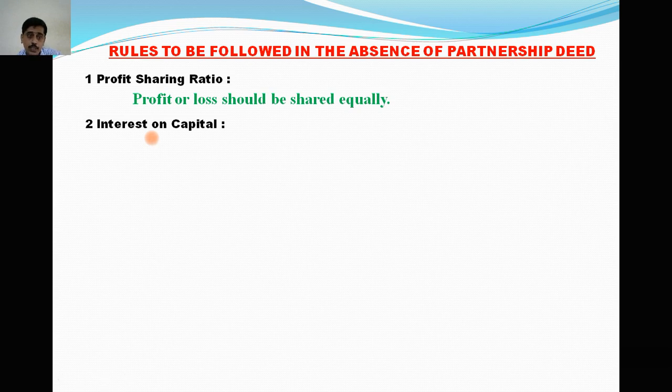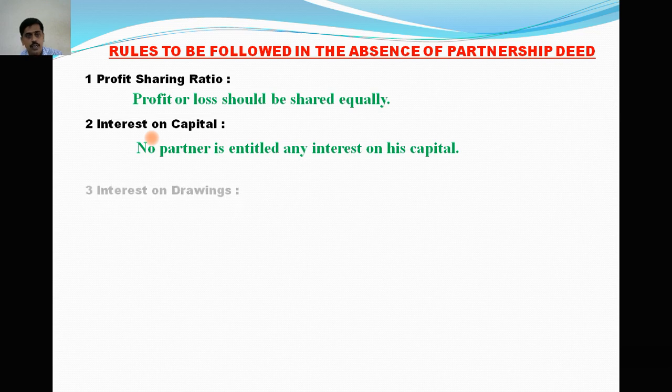If partnership deed is silent about the interest on capital, no partner is entitled to any interest on his capital. If partnership deed is silent, as per the Partnership Act 1932, no partner is entitled to any interest on his capital. Next, interest on drawings.